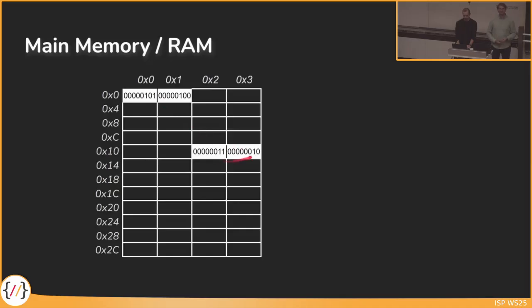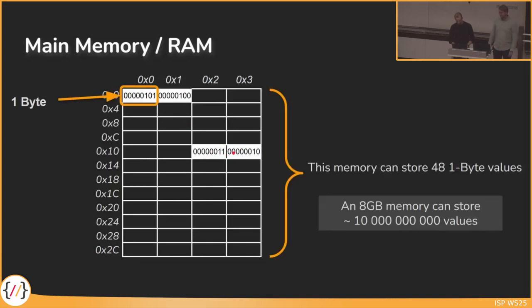Here are also 2 bytes stored, some value, whatever. So this memory here can store 48 1-byte values. If you have an 8 gigabyte memory, which is nowadays not that much, it can approximately store 10 billion values. So, of course, it's a lot more, but we want to show it in a very, very small way here.